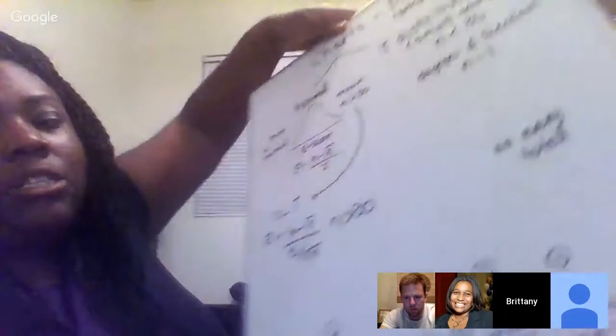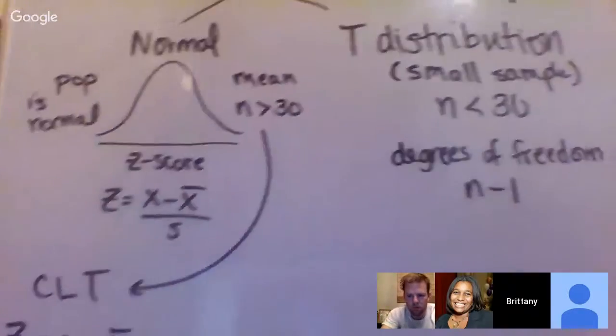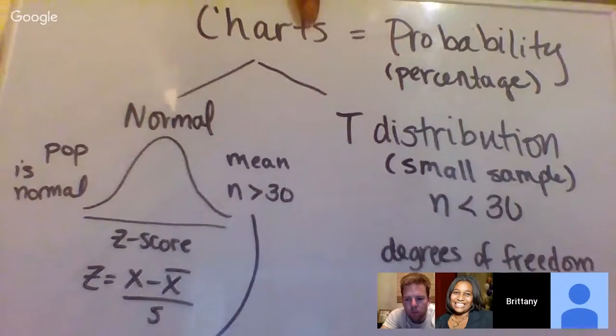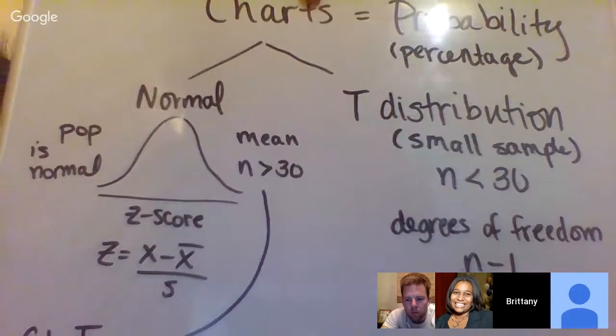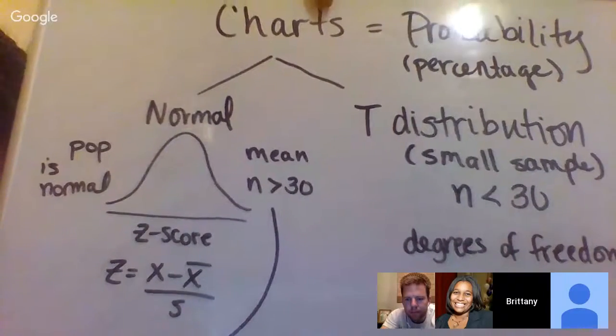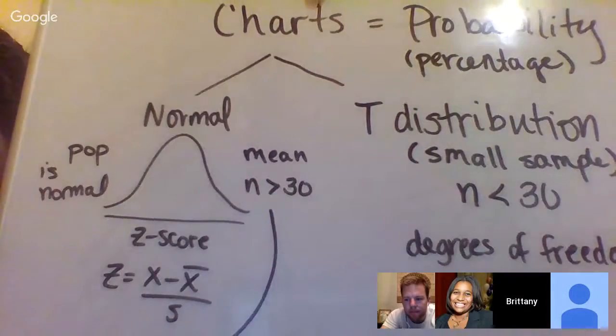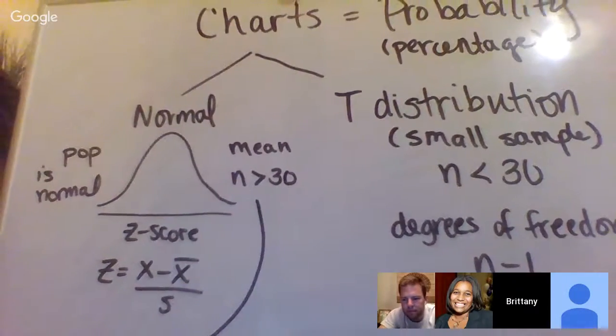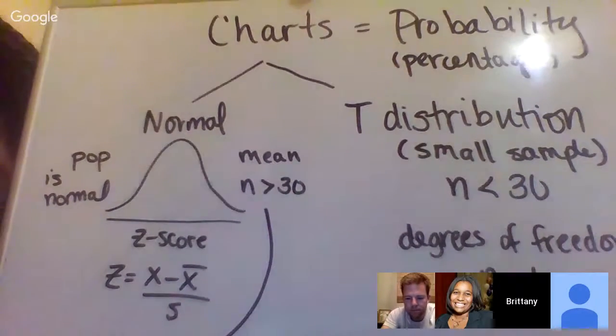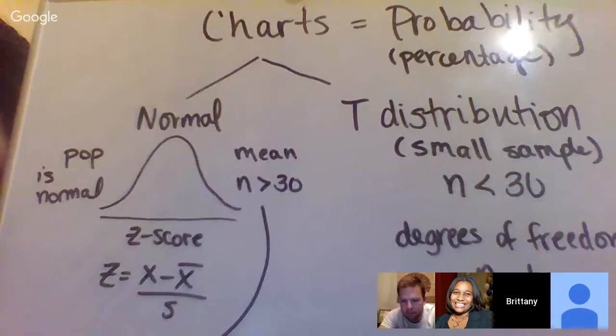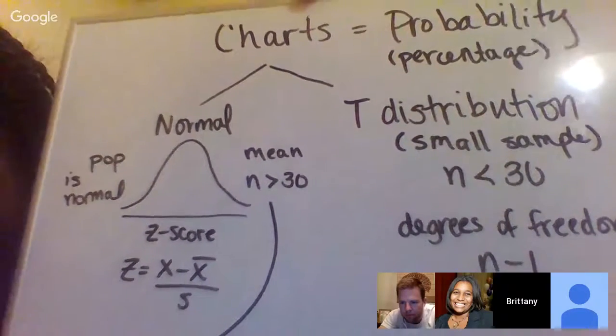Again, that's way more than we need to know. For us, the degrees of freedom is n minus 1, our sample minus 1. That's that small sample correction you'll remember that Will mentioned in class. So in the event that we have less than 30 people, we can use that T distribution to find probabilities.